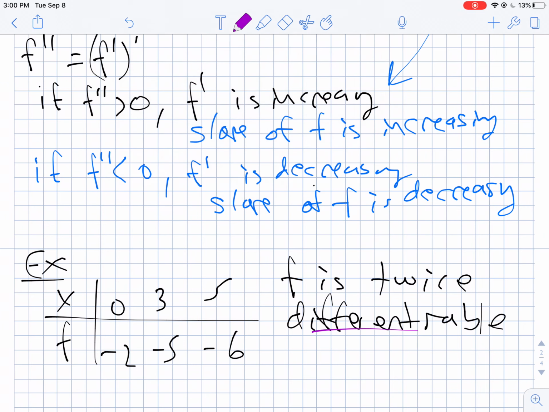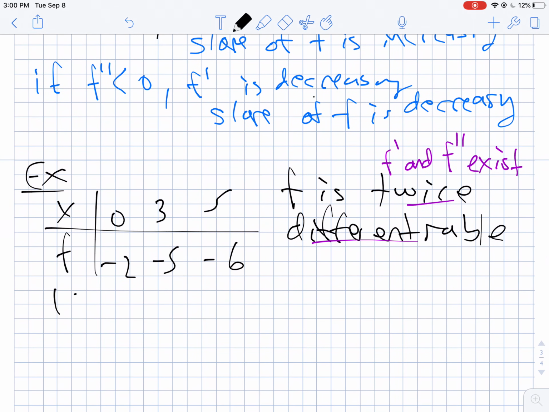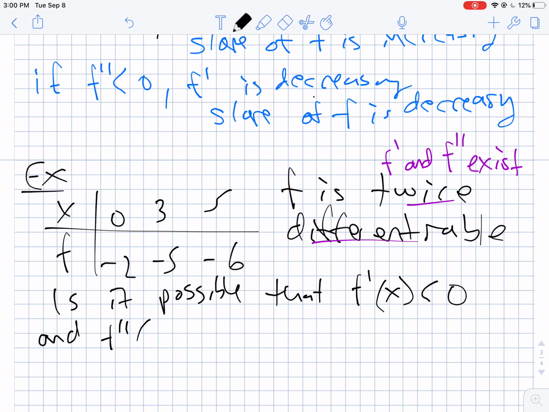All it means is that f prime and f double prime exist. So the first and second derivative both exist. Okay, so f is twice differentiable. Is it possible that f prime of x is less than 0 and f double prime of x is greater than 0 on the interval from 0 to 5?